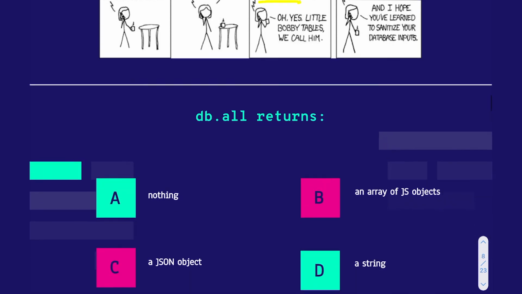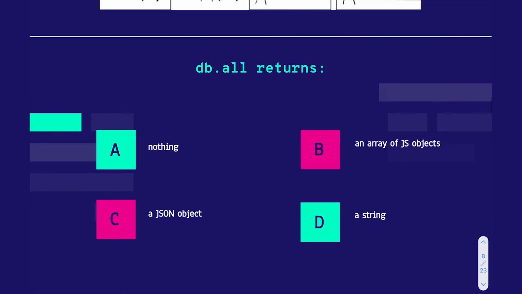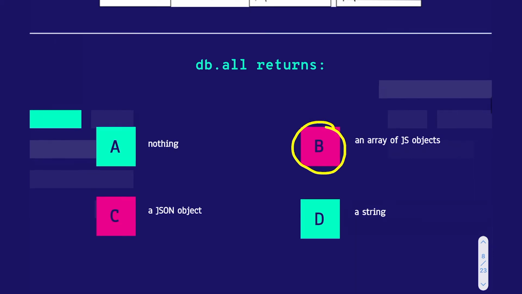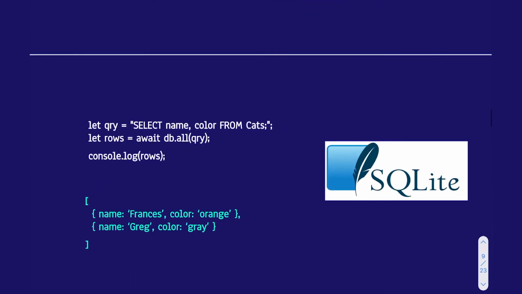All right, next question. db.all returns A, nothing, B, an array of JavaScript objects, C, a JSON object, or D, a string. The correct answer here is B. Yeah. So db.all is a SQLite method.